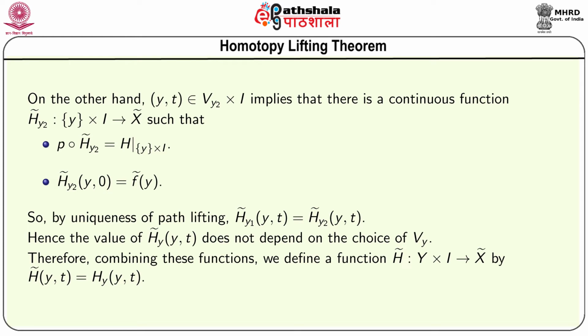So, by the uniqueness of path lifting, Hy1 tilde at (y, t) must be the same as Hy2 tilde at the point (y, t). Hence, the value of Hy tilde at the point (y, t) does not depend on the choice of Vy. Therefore, combining these functions, we define a function H tilde from Y cross I to X tilde given by H tilde (y, t) equal to Hy (y, t).